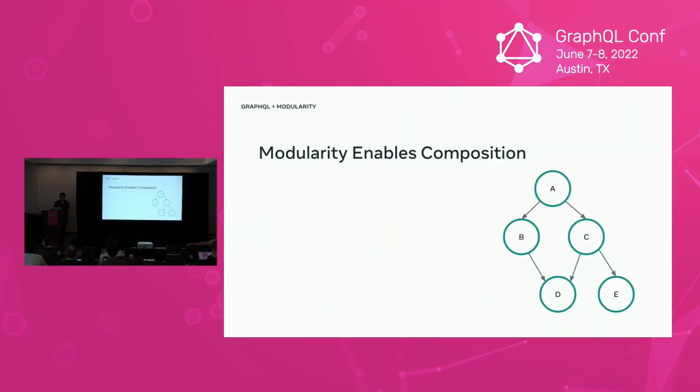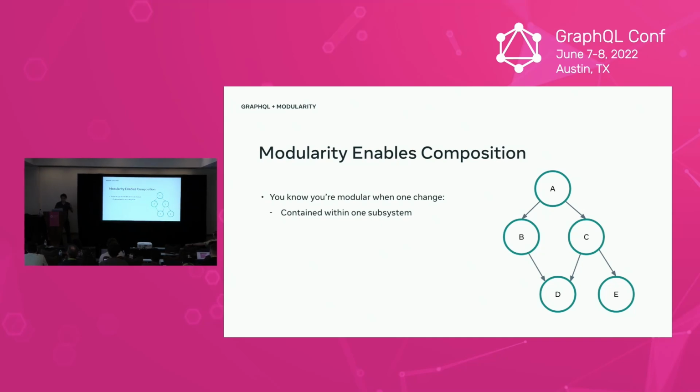Really, modularity is about enabling composition. You know that you're modular if your system has some good properties. When you make a change to one subsystem, it doesn't have to infiltrate all the other places. You can just make your change in one place and be done. You don't need to test every single surface that your component could possibly be on.